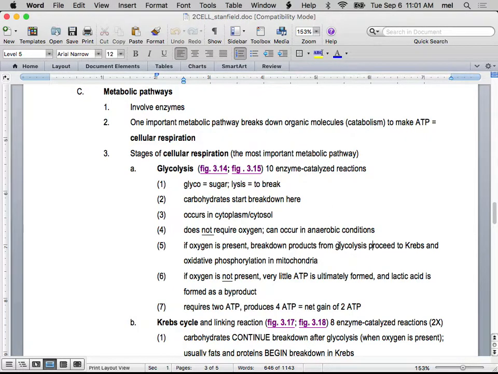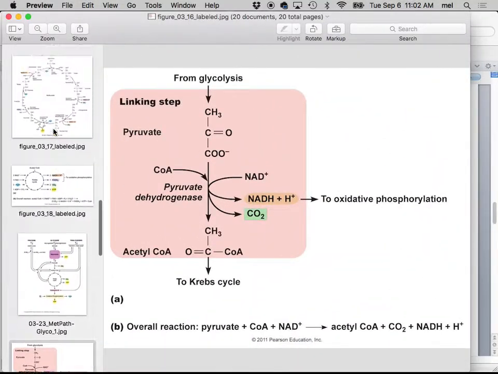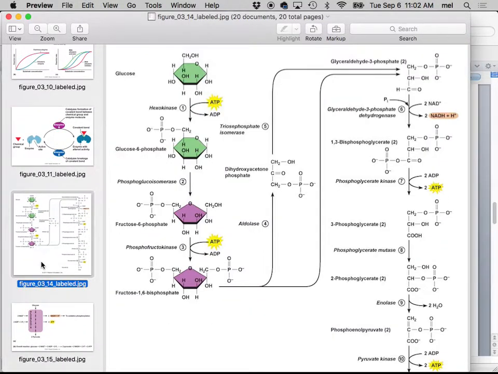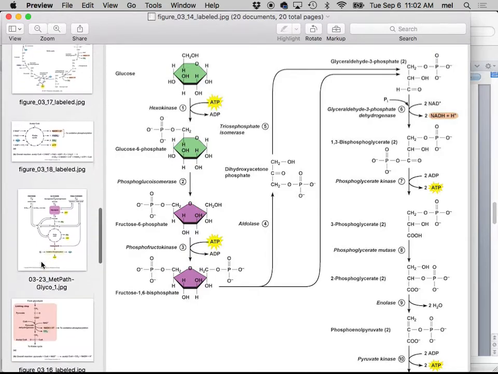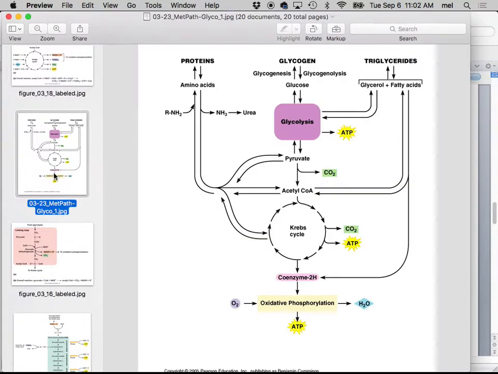Okay, so cellular respiration, the most important metabolic pathway in you, starts with glycolysis. I will remind you what glycolysis looks like, and then simplify it dramatically, because we are not going to learn those 10 stages. We are going to look at it as a big picture overview like this. So here's glycolysis.